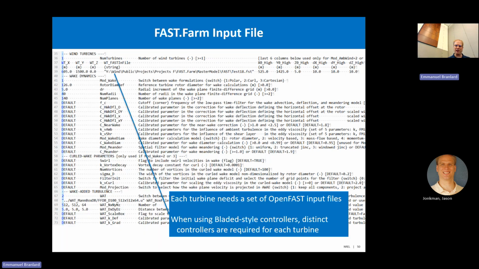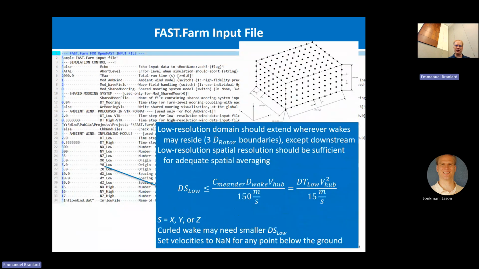I forgot to mention earlier, on this slide, I missed that first bullet: the low res domain, how big of a box you want. Generally, we recommend a 3D gap between the turbines and the edges of the domain. And that's really to account for the meandering of that wake.